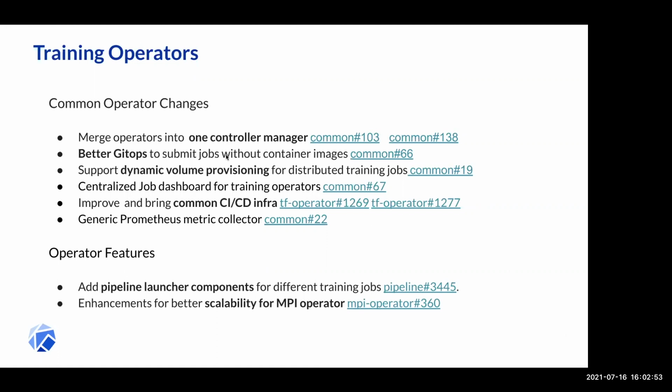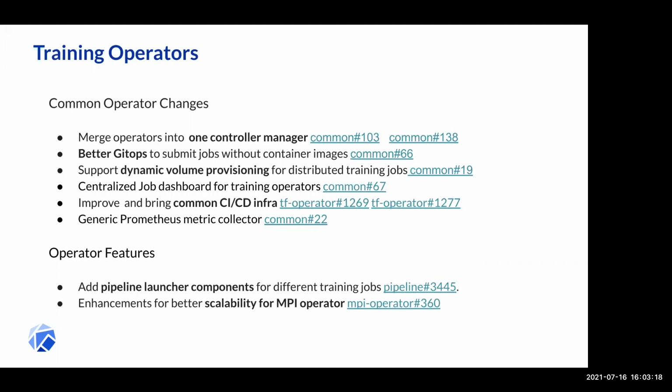Three years ago, when operators were started, the TF operator was the very initial one, and it was one of the earliest projects in Kubeflow. When it had the first V1 Alpha 1 release, there were efforts to bring in more operators to Kubeflow. That is when we started the PyTorch operator, and it had a V1 Alpha 1 release.